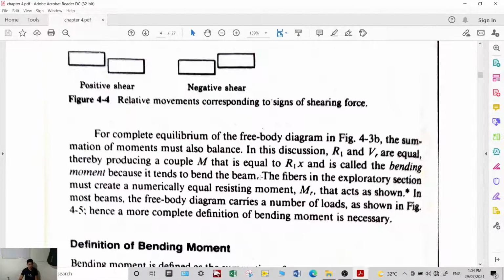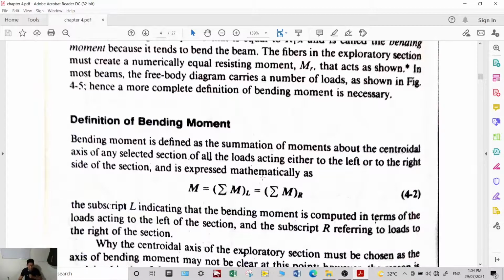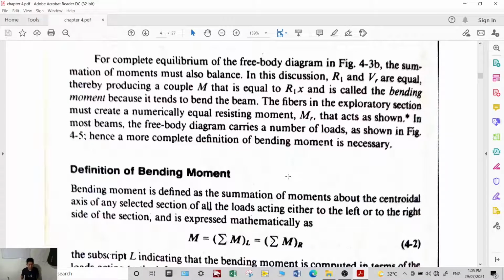Let's proceed with the bending moment. The bending moment is called that because its purpose is to try to bend your beam.